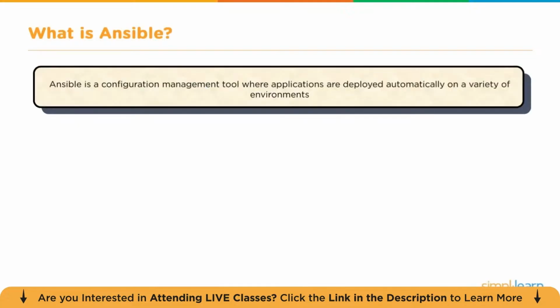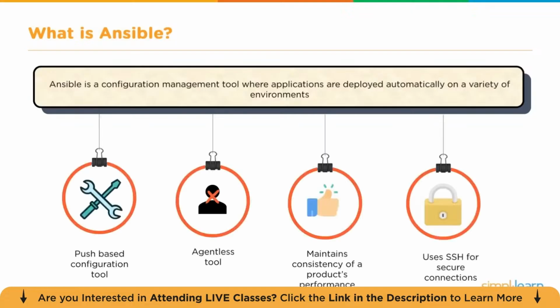So essentially, Ansible is a configuration management tool, and it allows you to deploy automatically to a large variety of environments. The tool itself is a push-based configuration tool. It is an agentless tool, so there is no communication coming back about the health of the environment. We have tools that we'll cover later on in the video that cover that.